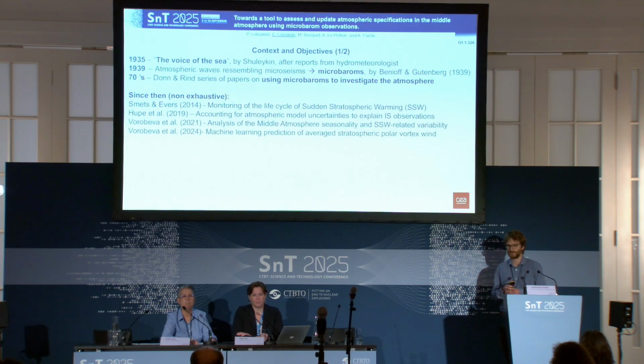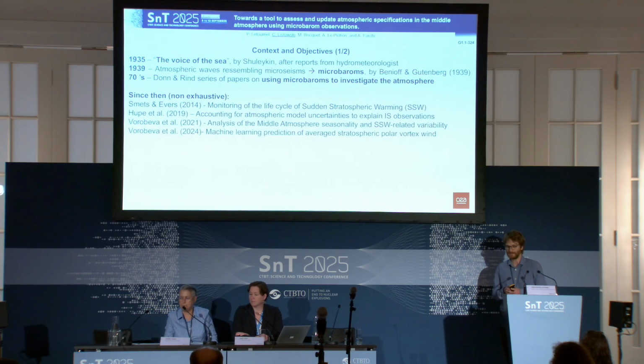Their studies were largely about the thermosphere, or at least the lowest layers of the thermosphere. Since then, there have been many studies, non-exhaustive, trying to use microbaroms to say something about the atmosphere. For instance, Smets and Evers imaged the life cycle of a sudden stratospheric warming using microbarom observations.